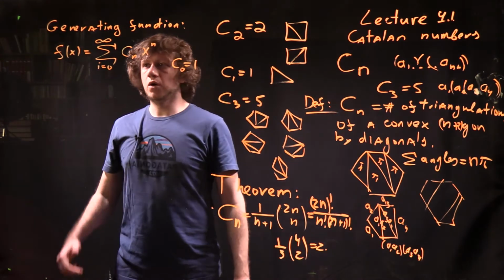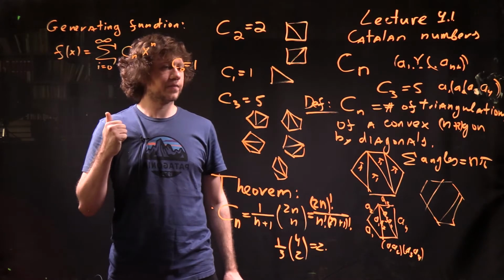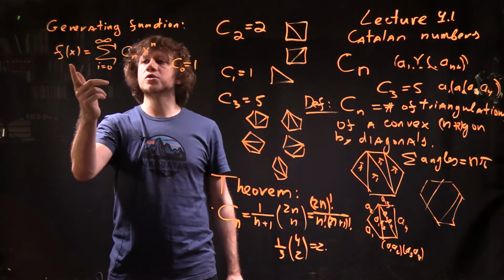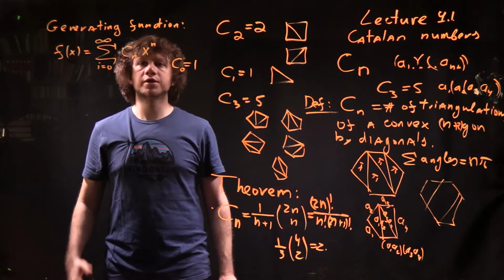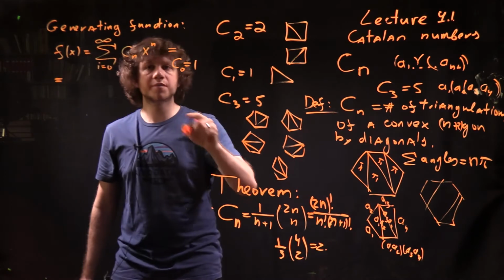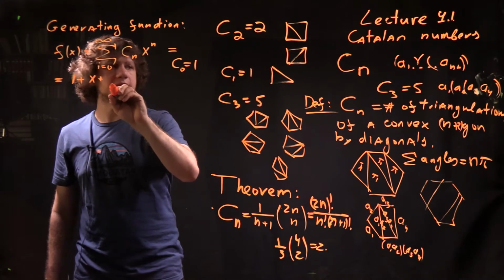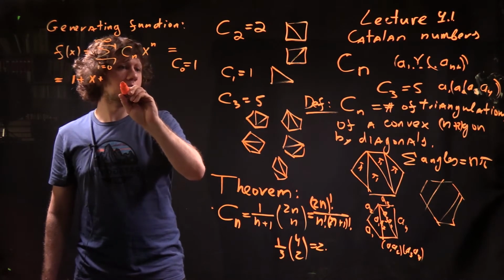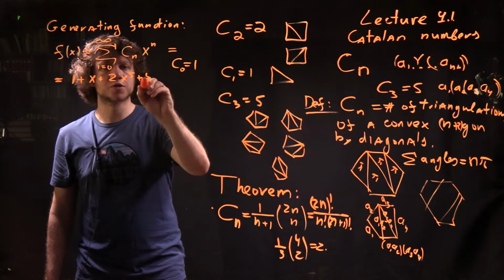So now my goal is to find a formula for the generating function. It is always helpful to remember the first several terms. So it equals 1 plus x plus 2x squared plus 5x cubed and so on.